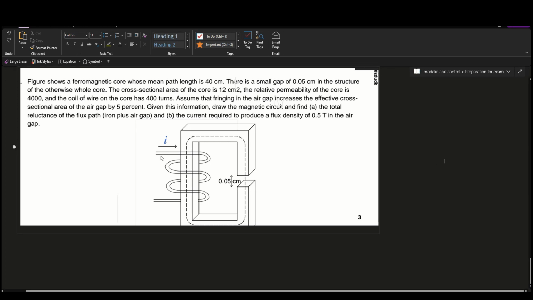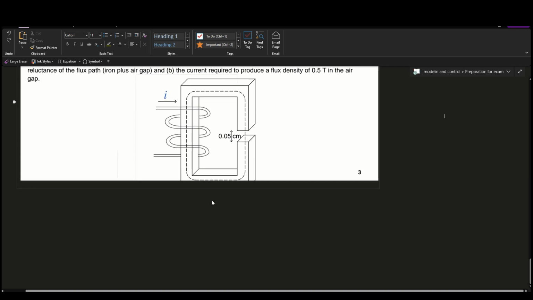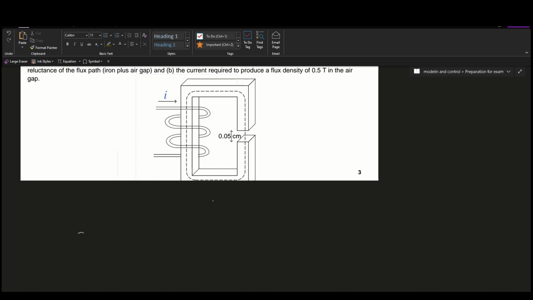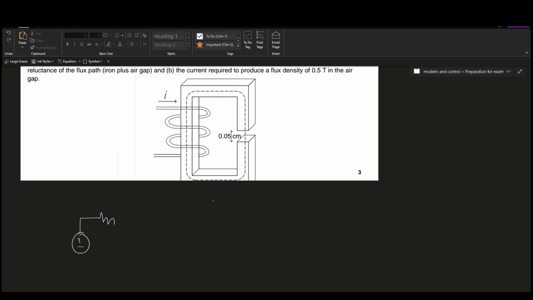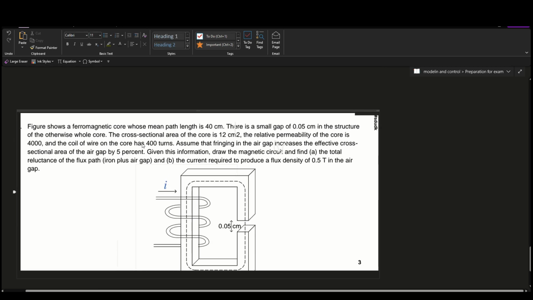Okay, now we are going to tackle an exercise where we have an air gap. The first thing we should do is draw the magnetic circuit. We just have one coil, so this will be our MMF, and they are already giving us one mean path with a cross-sectional area of 12 centimeters square.